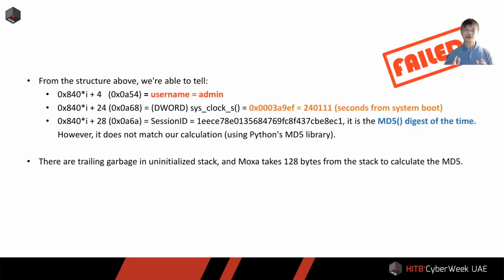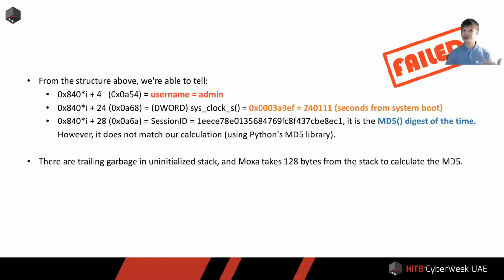The problem is that Moxa is taking 128 bytes out of the stack. The system clock is at the very beginning of the stack, and there's some uninitialized trailing garbage in the stack, so there's no way to calculate the right MD5 without guessing the trailing garbage.